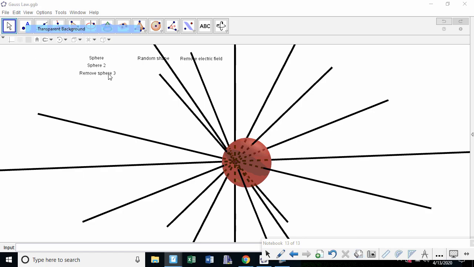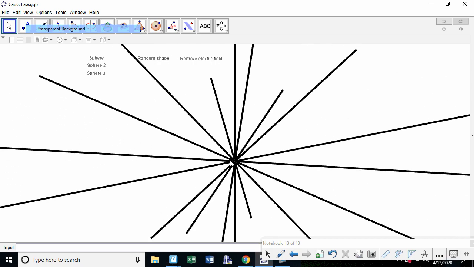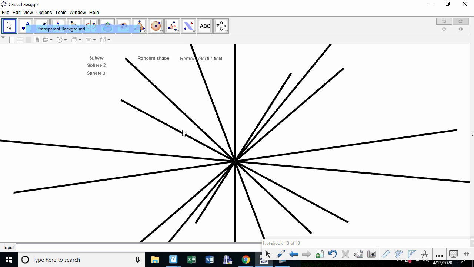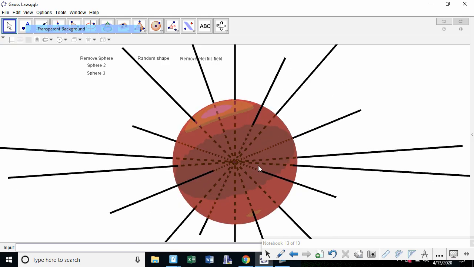What shape could I draw around this point charge so that the electric field and the area vector are parallel everywhere? And of course, the only shape that you could do this with would be a sphere that is centered at the origin or at the point charge.